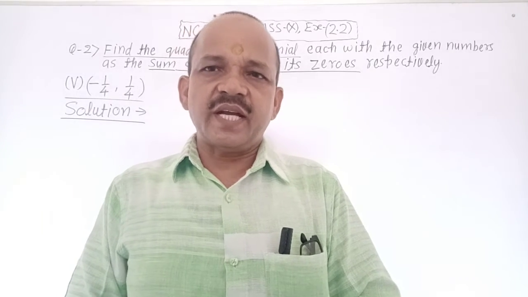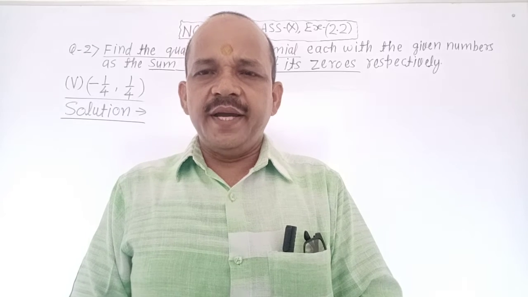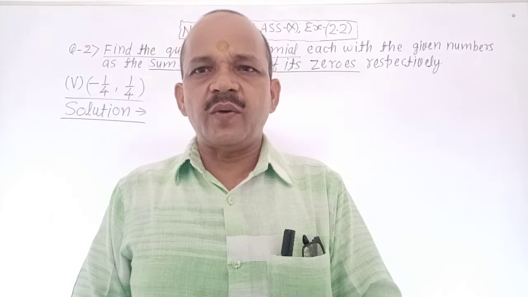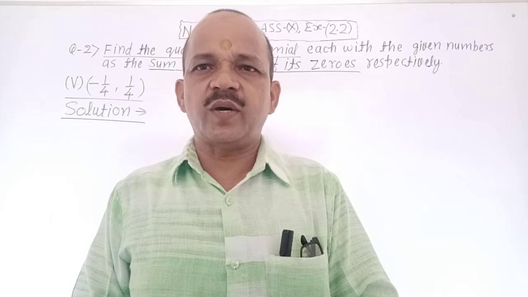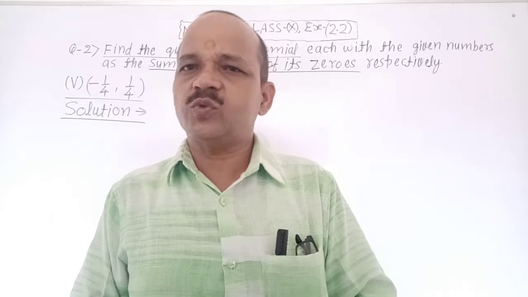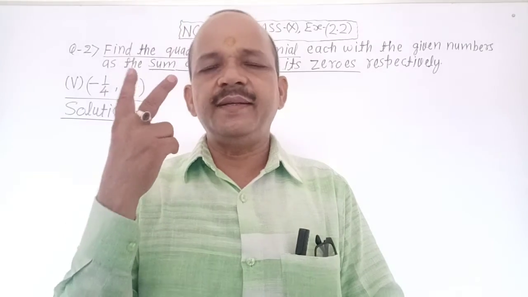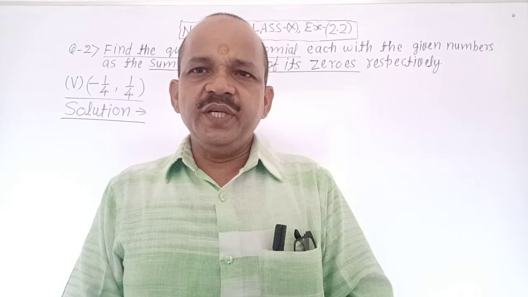Firstly, I want to describe polynomial. A polynomial is an algebraic expression of the form a base n x power n plus a base n minus 1 x power n minus 1 plus a base n minus 2 x power n minus 2, and so on. Polynomials are of two types. First, term based polynomial.